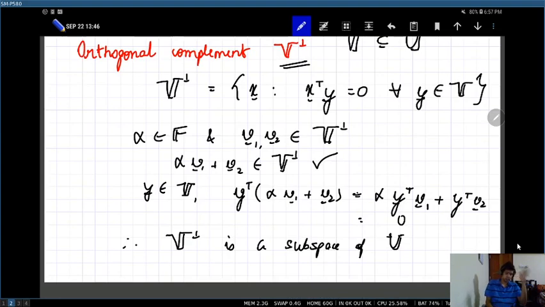One is that the intersection of V and V perp is not necessarily empty, right?